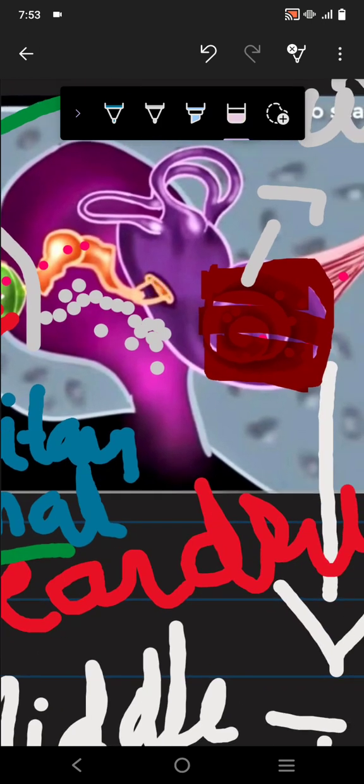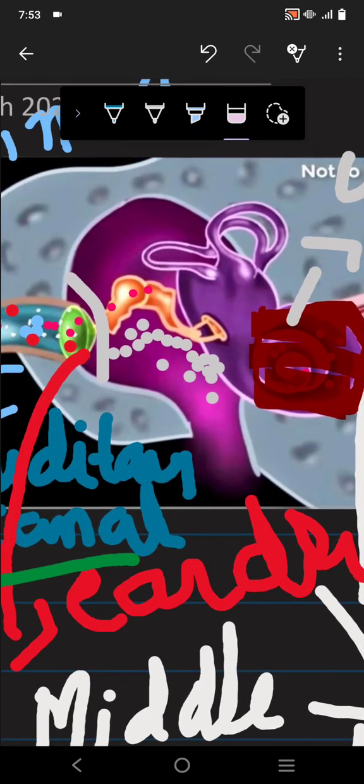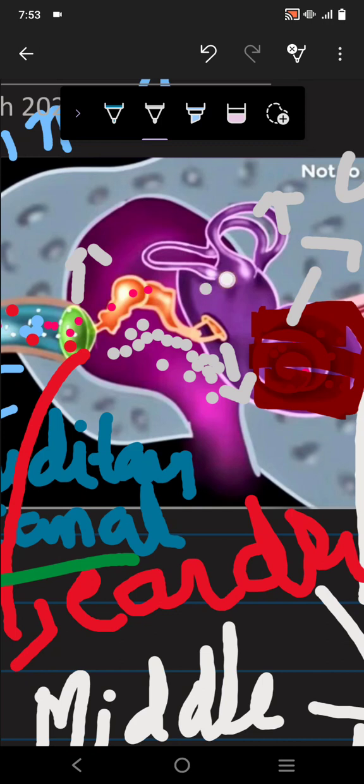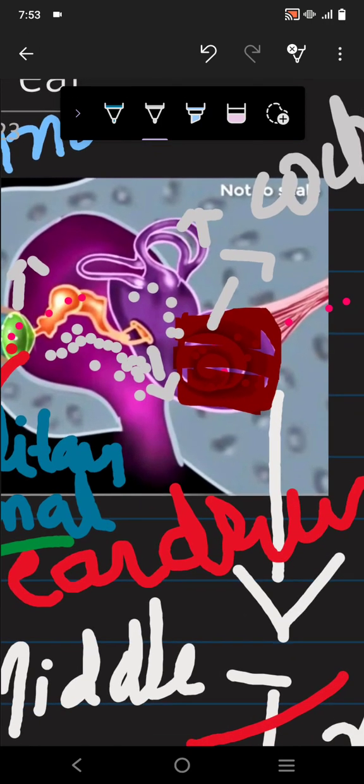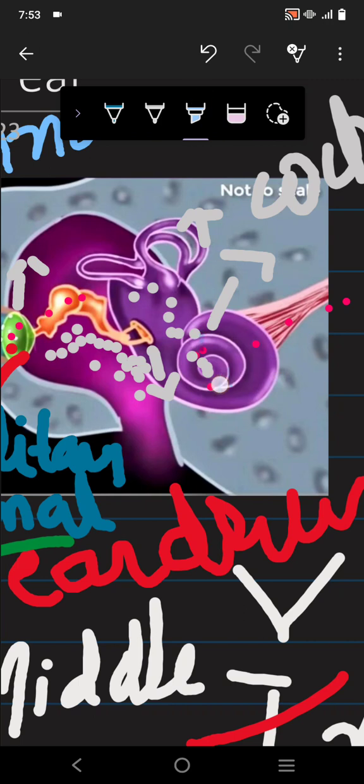Force is inversely proportional to area. If we increase the force, the area will be decreased. So here the area will be decreased and the pressure will be high. And because the water is present, the sound waves are now in your cochlea.